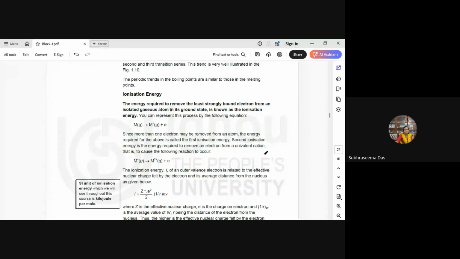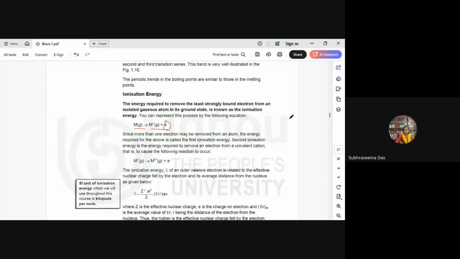We have an element M. We take out an electron from its isolated gaseous atom, M(g), and the amount of energy involved is called the ionization energy, or sometimes the ionization potential.